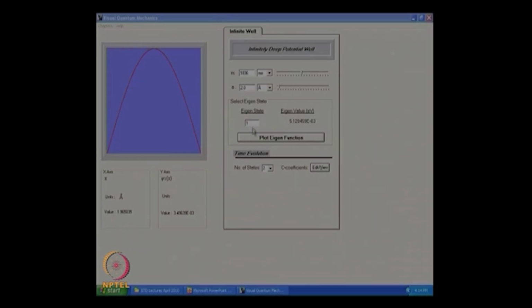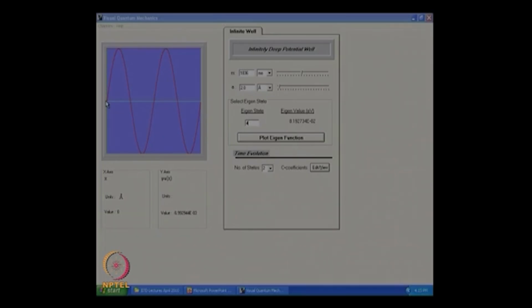So, this is the first eigenvalue, so much eV. The second eigenfunction, I put here 2, it will have 1 zero. If I put 3, then it will have 2 zeros. This is symmetric about the point x is equal to a by 2, and then you take 4 in each wave function, and this is antisymmetric, a mirror image.